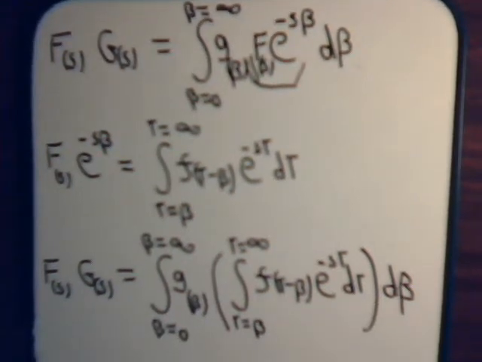So right now we have that f of s times g of s equals this double integral expression. So let's make some room. We're going to work with this. We're going to erase all of this stuff and put this at the top, writing it now as a double integral.